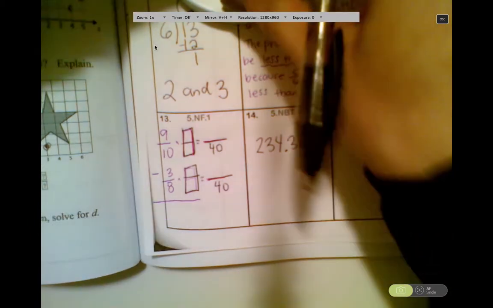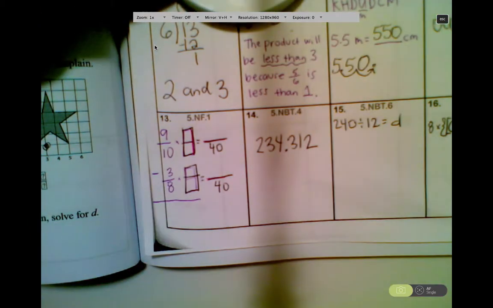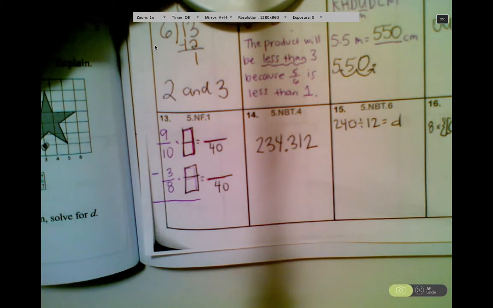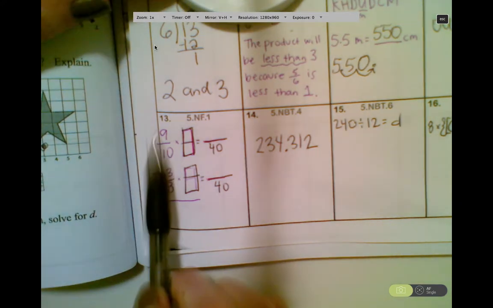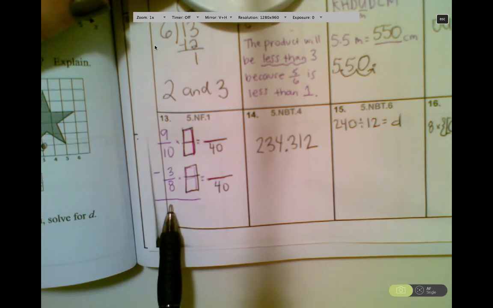Okay? Number 13. It says find a common denominator and subtract the fractions, and then write your answer in simplest form. 9/10 minus 3/8.